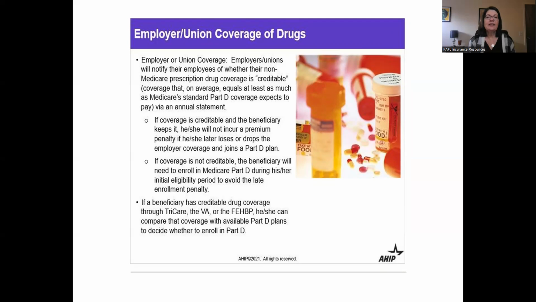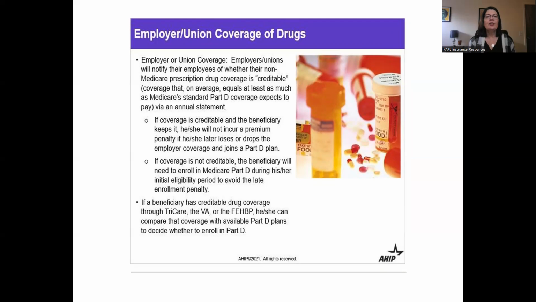Again, that means it equals at least as much as the standard coverage will pay. And the purpose of this is to avoid a penalty. If you recall, you have to have creditable coverage. If you go 63 days or longer without it, then you have that Part D penalty to deal with.